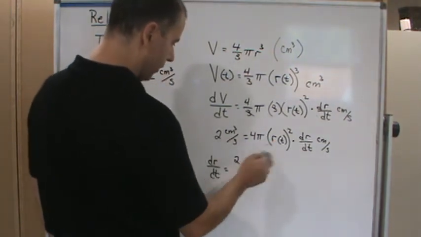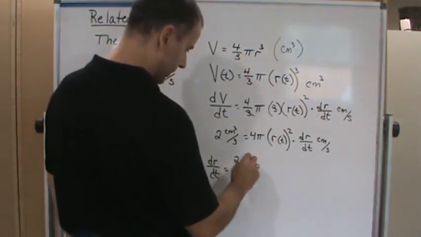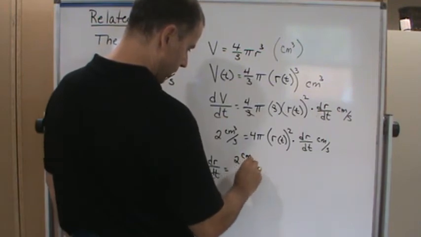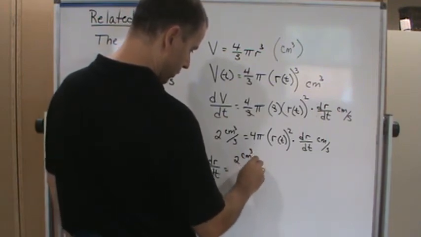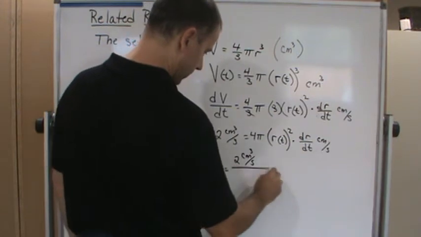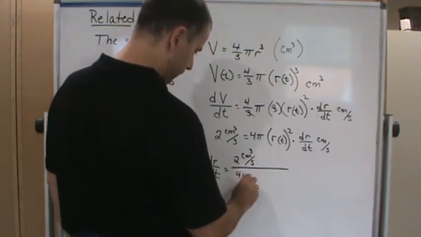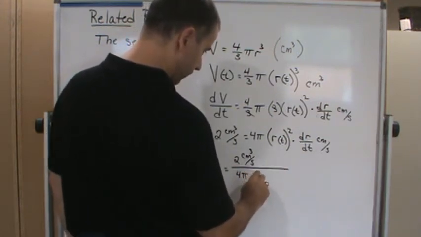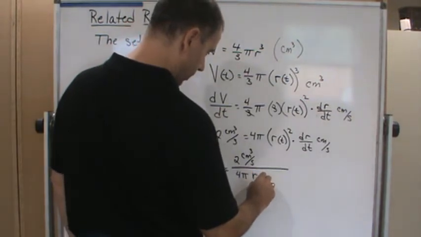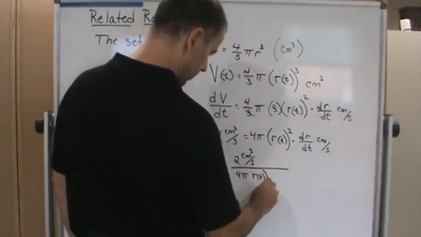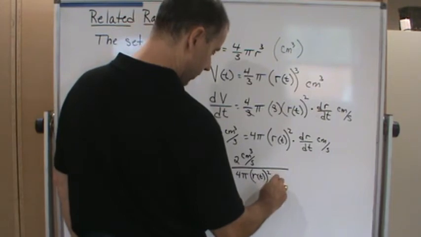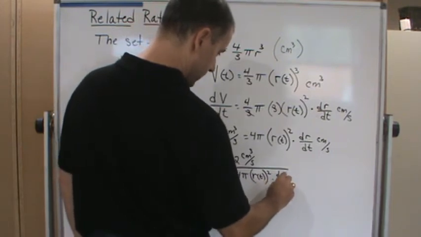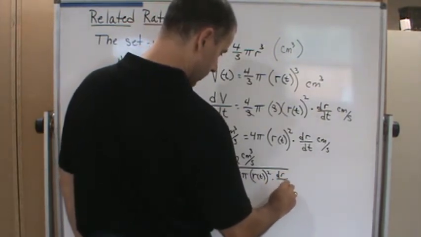I'm going to keep the units so you can see what happens with units. So centimeters cubed per second divided by 4 pi r of t squared times dr dt.